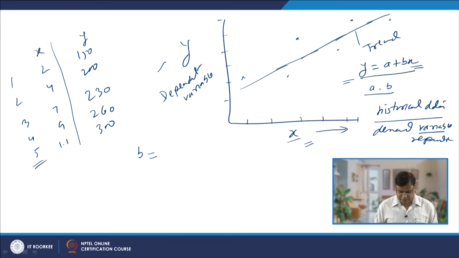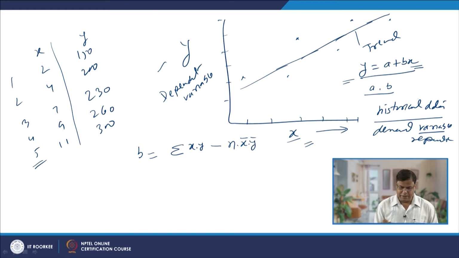The b coefficient value is calculated using the sum of all x into y products, minus n, the number of data points, that is here 5, into x bar, the average x value, and y bar, the average y value.